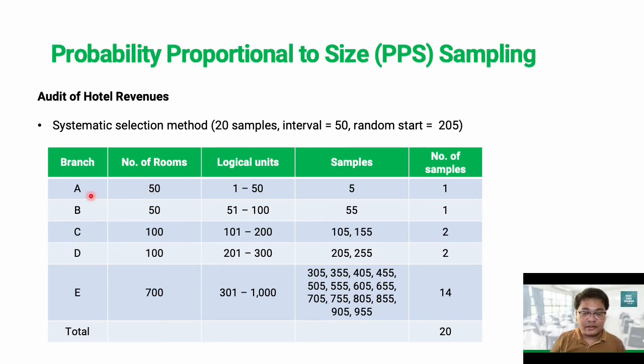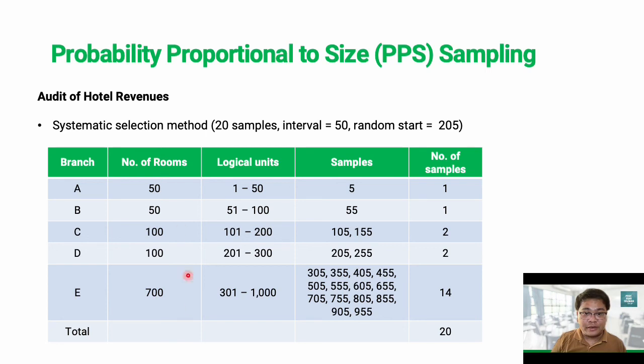So let's say the hotel has 5 branches with a different capacity. We have branch A and B with 50 room capacity, C and D with 100 room capacity, and branch E with 700 capacity. The hotel rooms are the ones generating revenue.